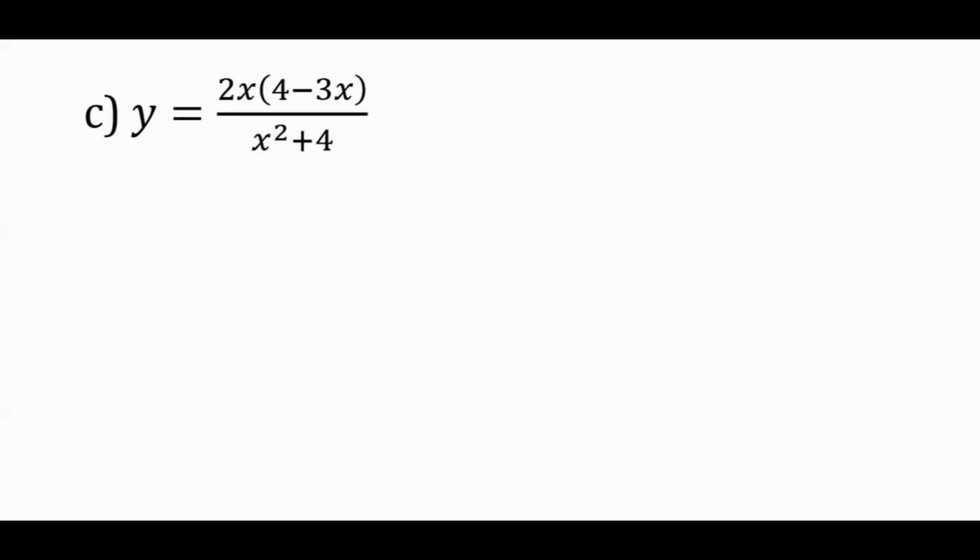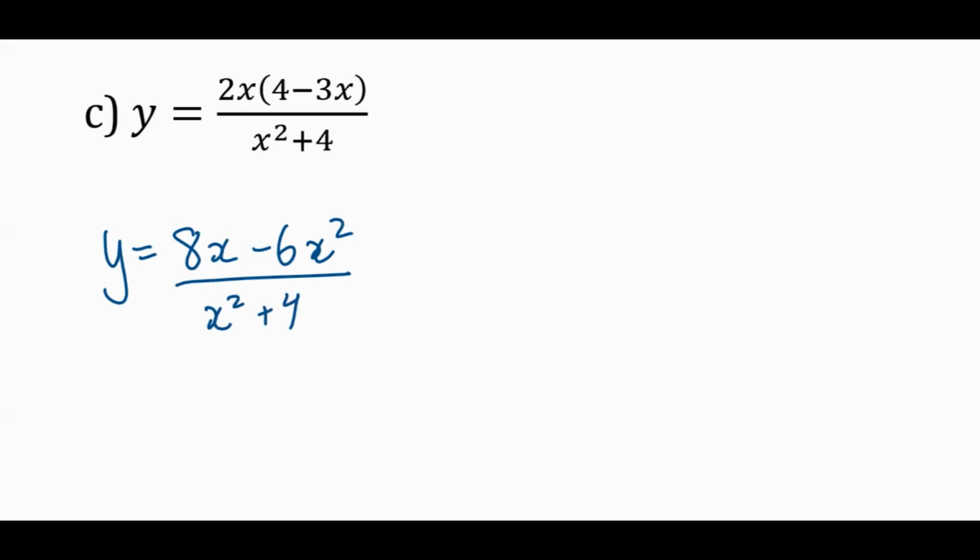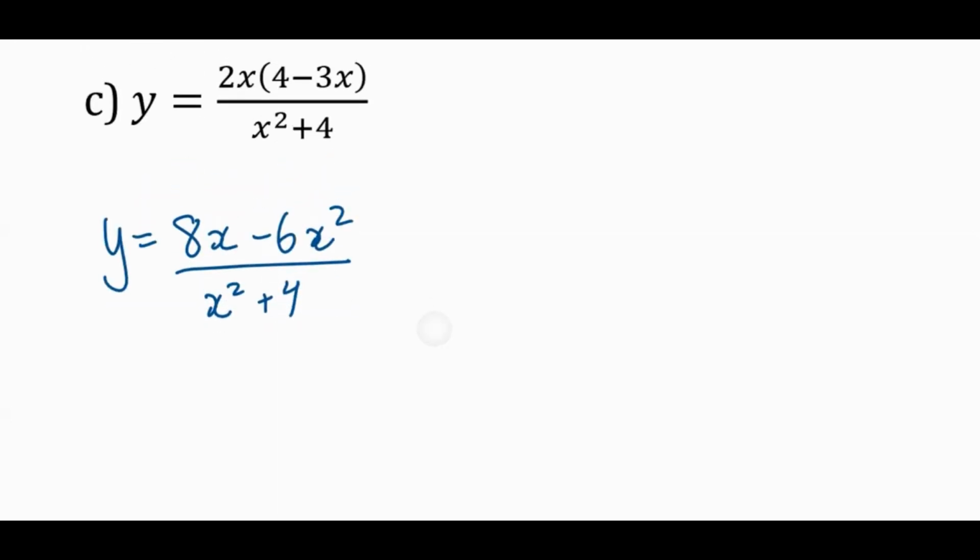And in the process of using the quotient rule, you'll use the product rule or some other rule. That will happen. But this isn't one of those cases. It's easier to expand before taking the derivative. Okay?